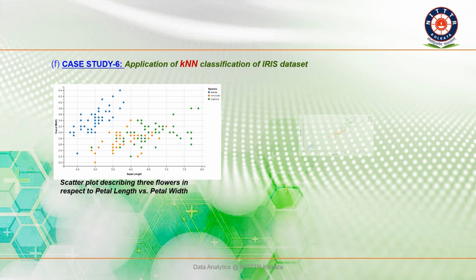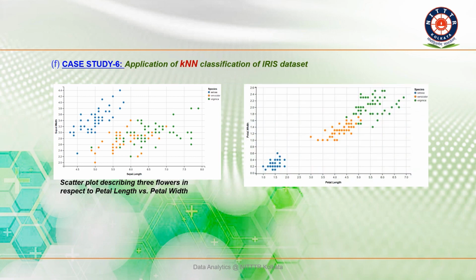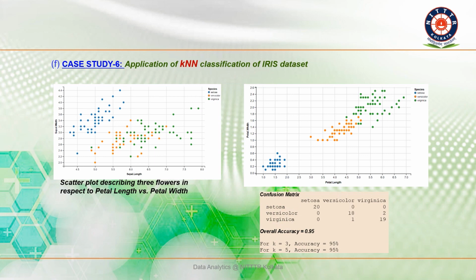You can see the scatter plot, and after applying k nearest neighbor classification, we get a very nice classification where the 3 types of classes are well segregated and marked by 3 different colors, and we are getting accuracy around 95%, which is good.